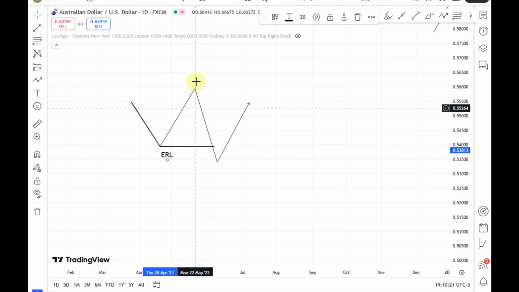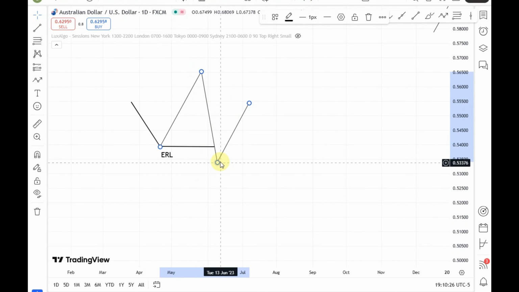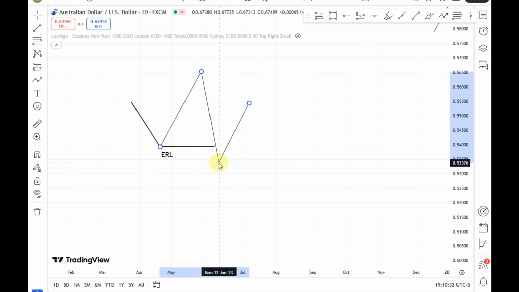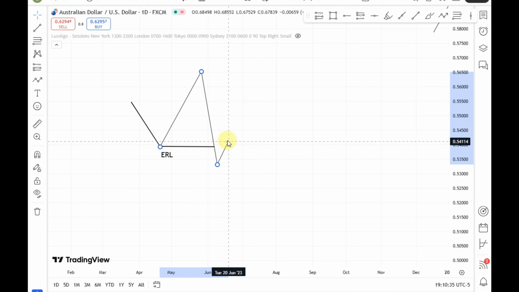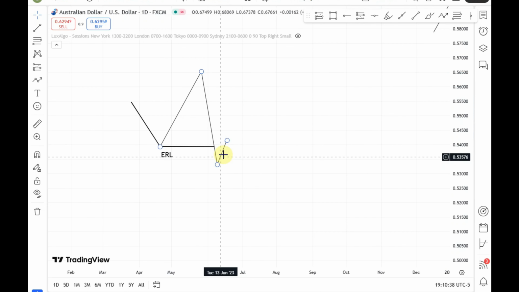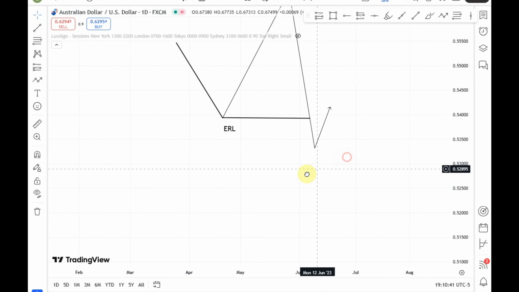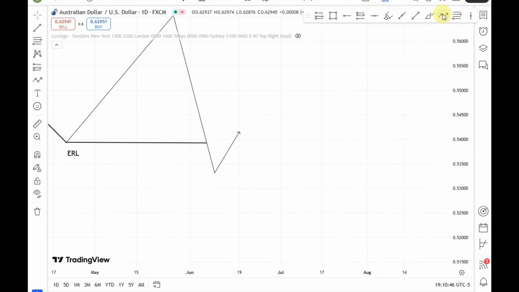What I'm doing is looking for entries in order to go to the internal range liquidity. In my 1 hour time frame, I'll look for a market structure shift, then I look for another internal range liquidity inside this particular market structure shift.